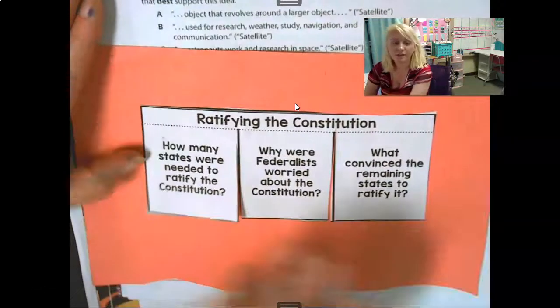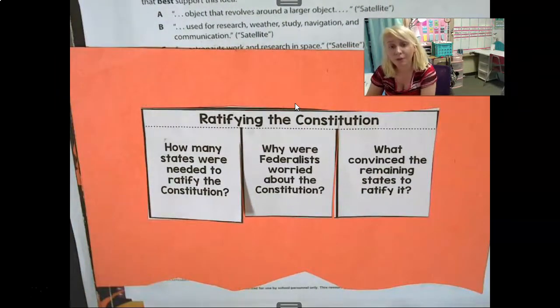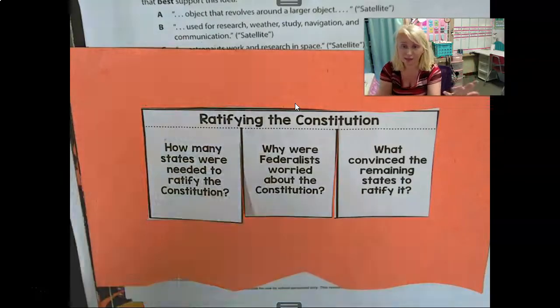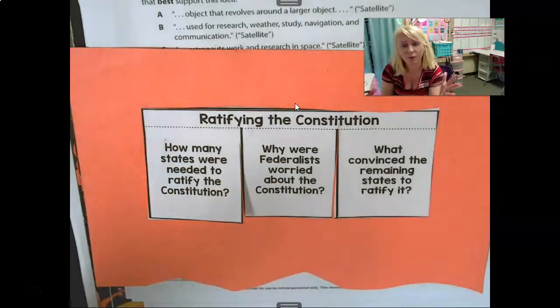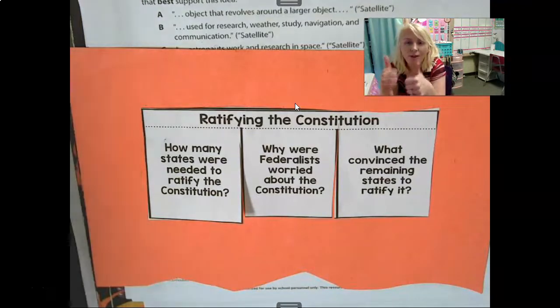Which leads us to this middle tab here. Why we're Federalists. We all know federal means national. So at the time we had two groups of people: Federalists and Anti-Federalists. Kind of like the first political parties of the country, so to speak. Federalists were big for a national government.